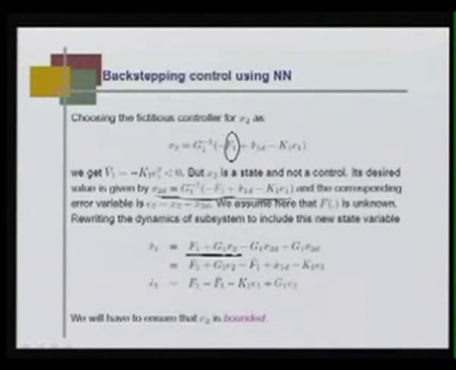By doing that, I get x1 dot is f1 plus g1 e2 minus f1 hat plus x1 desired dot minus k1 e1. k1 is simply a positive constant here. If you do that, you see that I can take x1d dot to this other side, and I can write this to be e1 dot, because my e1 is x1 minus x1d. So, this is called closed loop error dynamics.